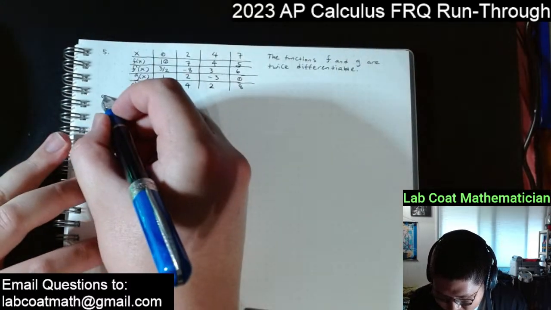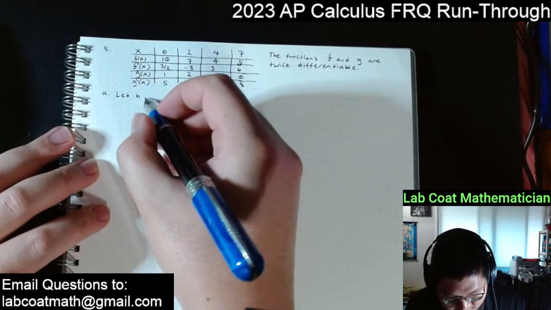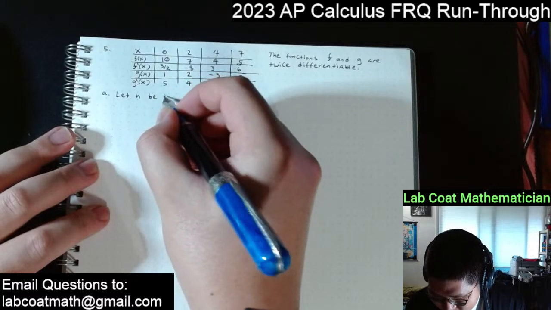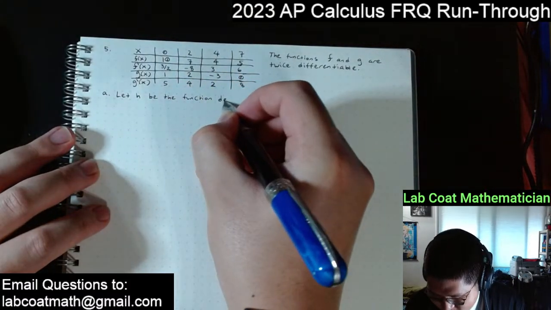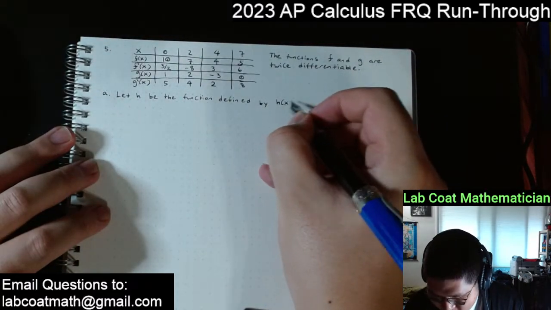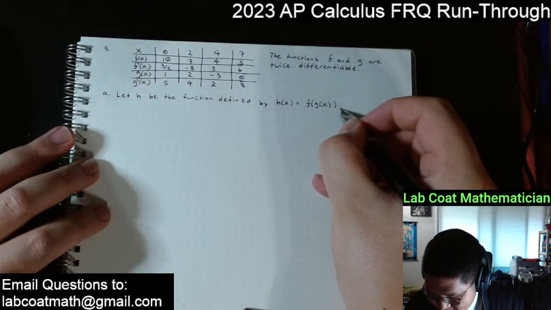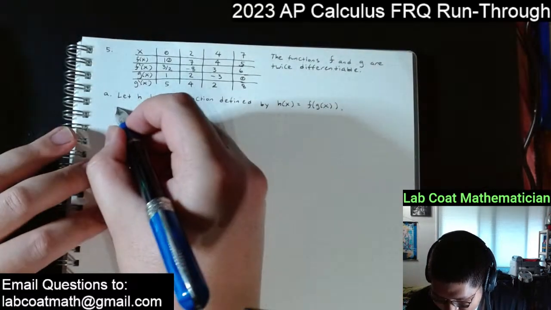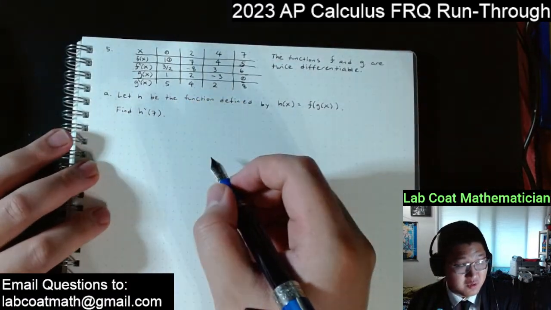So let's get to part A. Let h be the function defined by h of x equal to f of g of x. They are asking us to find h prime of 7, and we need to show the work accordingly for that.